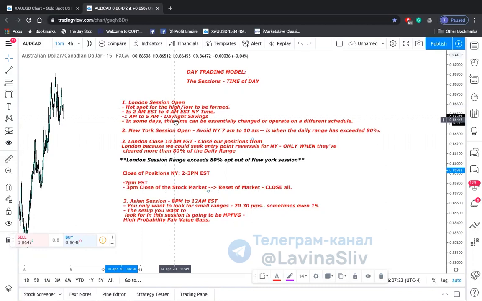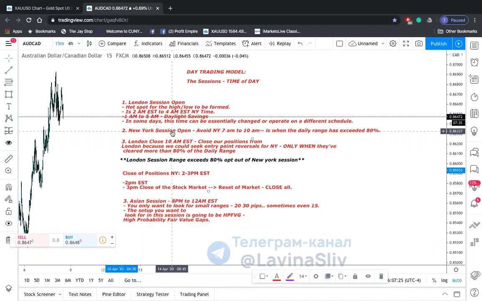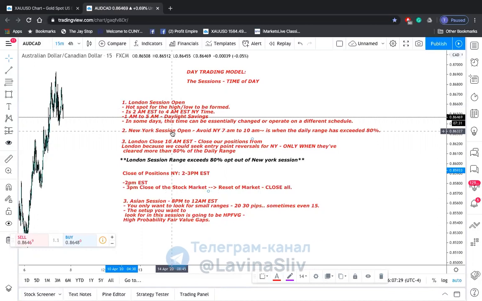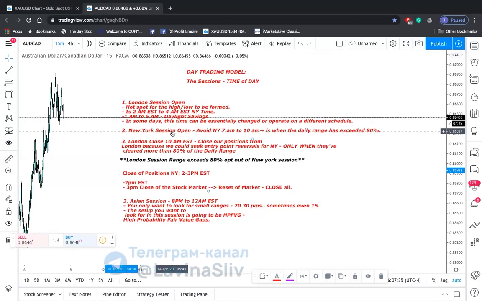And when it's daylight savings, you want to be trading it from 1 a.m. to 5 a.m. because it's going to be operating on a different schedule. Also, you want to give yourself a good window for any manipulation, such as a news event or something in surprise in terms of a report that comes out unexpectedly that was not reported on forexfactory.com, right?